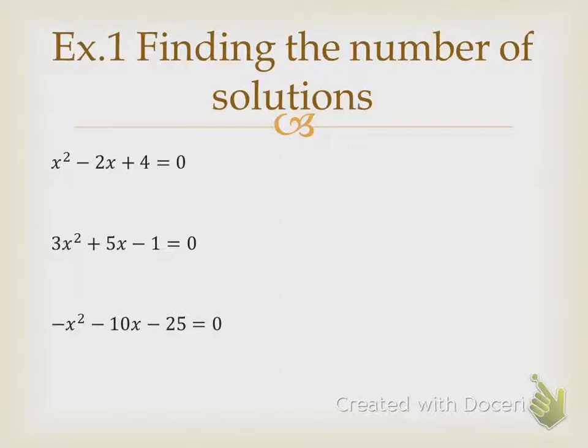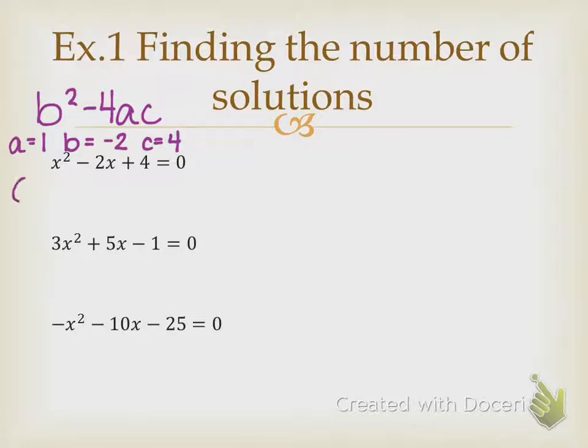Mackenzie, what is the formula for the discriminant? You just wrote it down. Perfect. B squared minus 4 times a times c. Well, let's identify a, b, and c. Charles, tell me what a, b, and c are. A is 1. B is negative 2. And c is what? 4. Very good. Okay? I'm just going to plug these into the discriminant and find my answer.